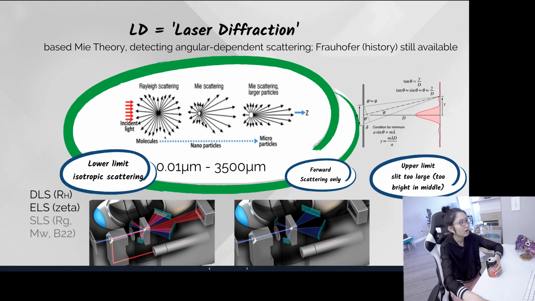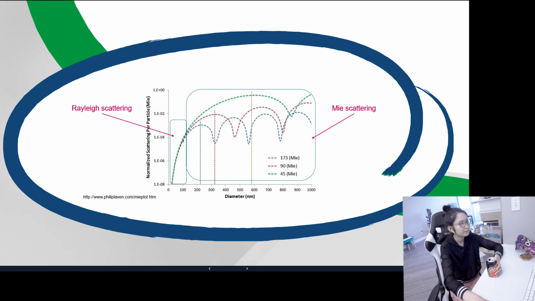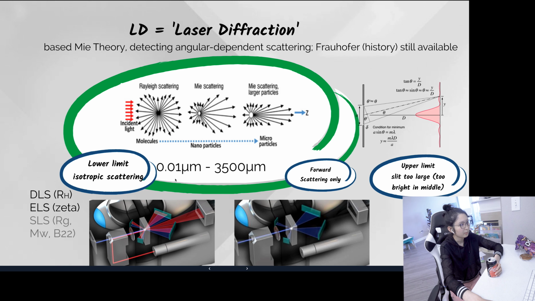At the lower limit, just to remind you of this plot, we hit the Rayleigh scattering and there's really no angular dependence anymore in terms of the scattered light. So we couldn't use angular dependence to calculate particle size anymore. And then what do we use? We have dynamic light scattering and static light scattering that I'll talk about later.